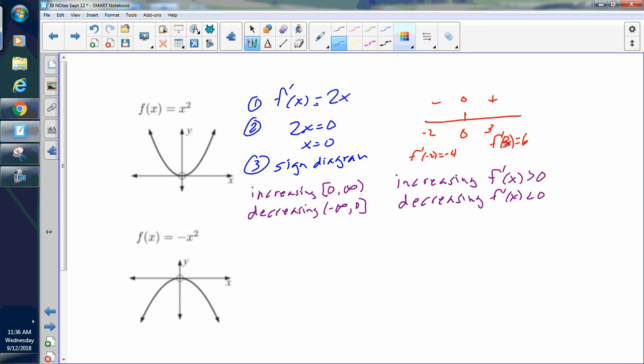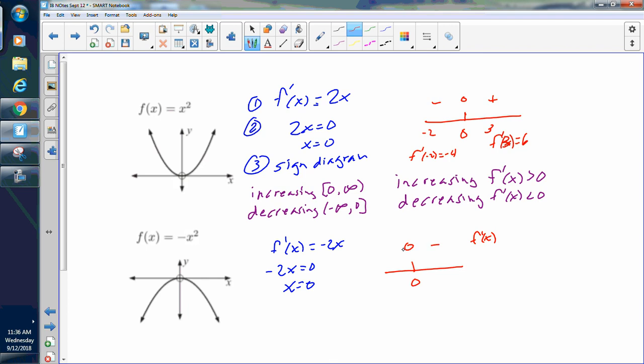If we go through the same steps for the second function, the derivative is equal to negative 2x. Set the derivative equal to 0. So we just have a single boundary on our sign diagram. So make our sign diagram. X equals 0 was our value. The derivative equaled 0 there. So these numbers on the top are the signs of the derivative.